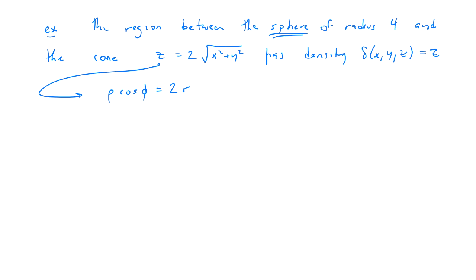And then I remember that r is equal to rho sine of phi. So I divide both sides by rho and the cosine of phi, and bring the 2 to the other side. I get 1/2 is equal to tangent of phi. And that's nothing nice. Phi is equal to whatever that is.